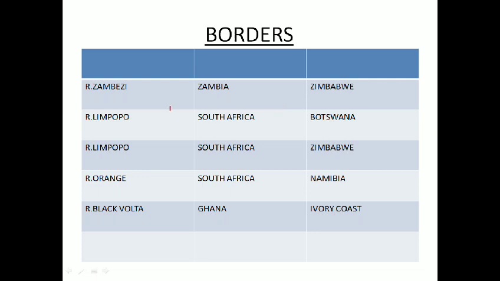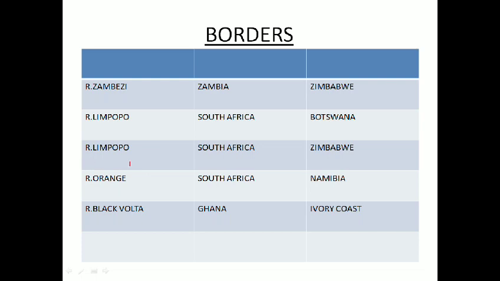Now, what I said earlier, the natural boundaries. Here river Zambezi forms a natural boundary between Zambia and Zimbabwe. River Limpopo forms the border between South Africa and Botswana.